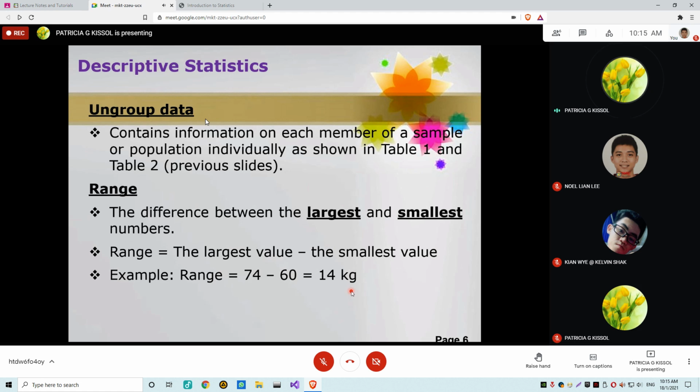So by getting the range, you have a very rough idea of what is the smallest and the biggest, how big the range is in that particular shop. Yeah, so if you have a bigger range, then there's something fishy going on.